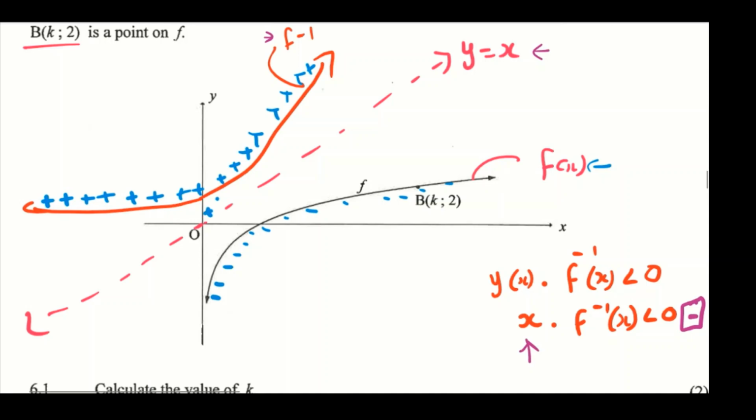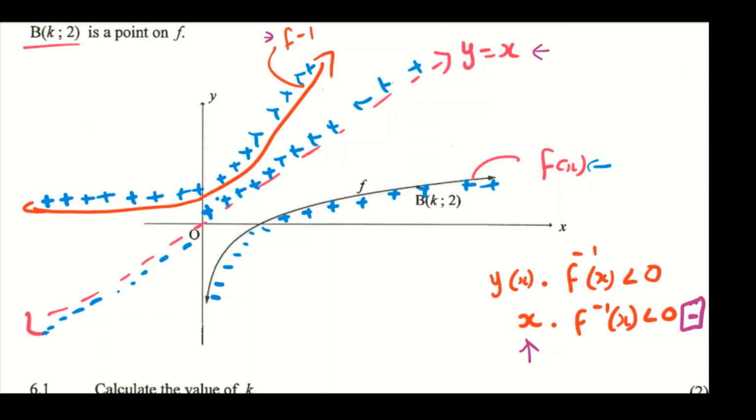Okay, I made a mistake here. I said y values are negative. Let me indicate, for clarity, the y values here are positive, right? Cool. So just by looking at this straight line, the y values are positive here, but here the y values are negative, right?